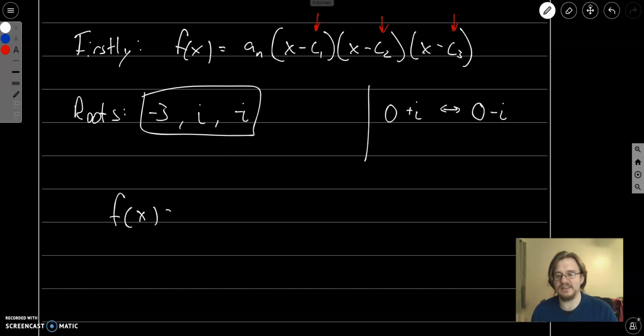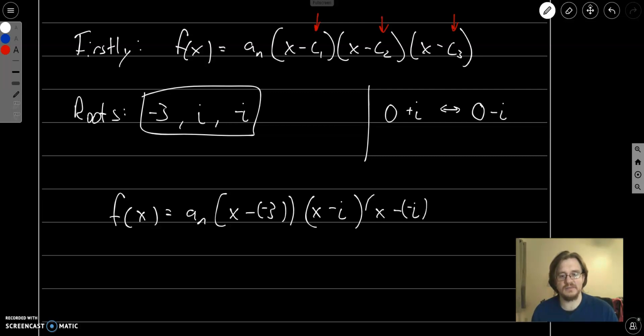There's my 3 roots. I can write down my formula. f of x is going to be equal to a_n times (x minus -3), (x minus i), and (x minus -i). Let's simplify this. x minus -3 is x plus 3, x minus i, and x minus -i is just going to be x plus i.